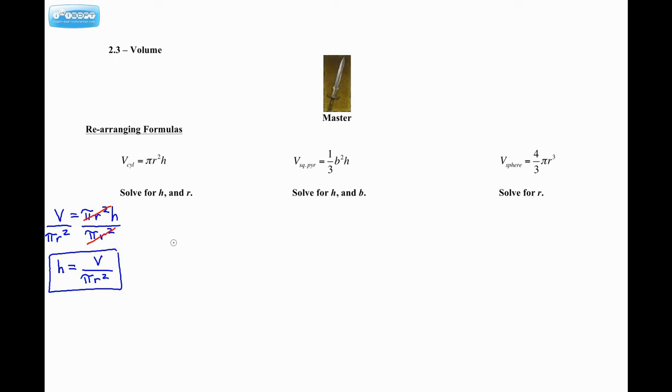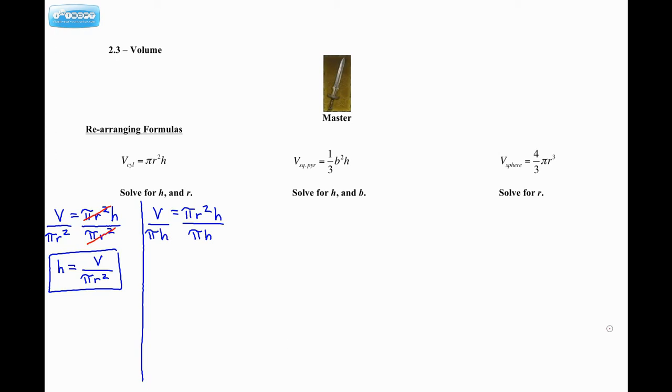Next, it wants us to solve for r. And here, I'll put a split here. And I'm going to begin with the original formula. So this is the volume again. But I want r. So this requires me to divide out the pi times h.